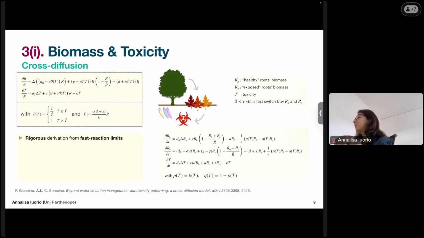For the patterns, like the Turing patterns here in the cross diffusion model, and also in the 2014 model, I think we also tried Neumann boundary conditions. But in general, they didn't seem to play a big role in the outcome.